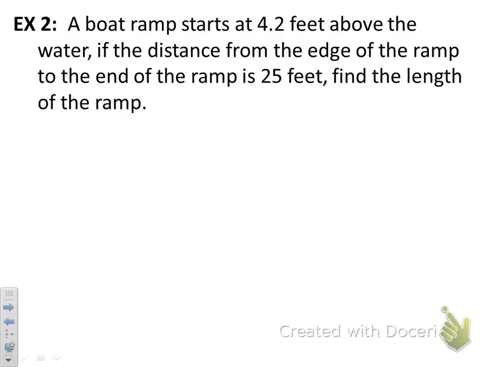Let's go back. Sorry about that. So the next example is about a boat ramp, and it starts 4.2 feet above the water, and the distance from the edge of the ramp to the end of the ramp is 25 feet. So let's draw this ramp.